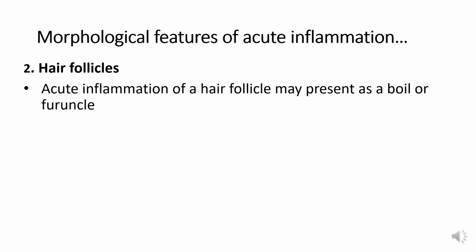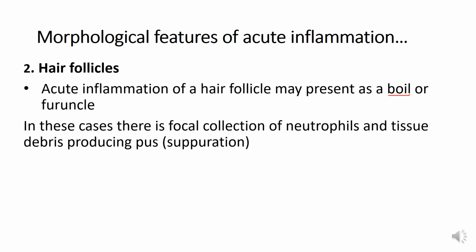However, in other cases, you will see a boil. A boil is just an accumulation of pus around the hair follicle. It is as a result of pus formation. The process of pus formation is also referred to as suppuration.